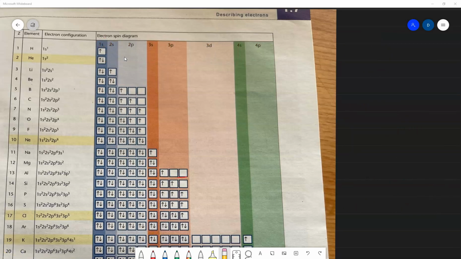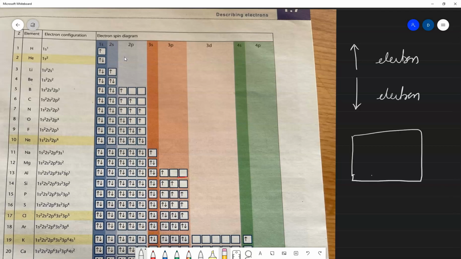Next is about the arrow. These arrows, whether up or down, represent an electron. A single arrow is a single electron. It can be up or it can be down. An orbital can have a maximum of 2 electrons. Here you've got an orbital which has only 1 electron, and here an orbital with 2 electrons.